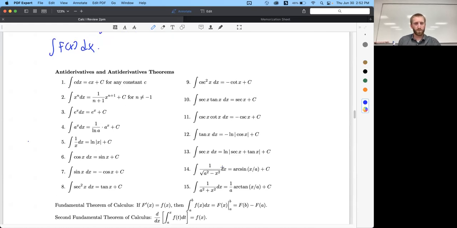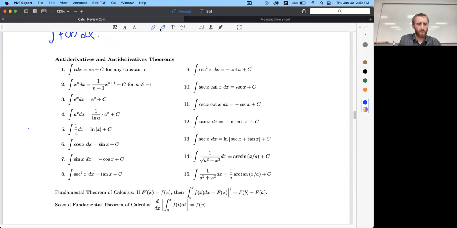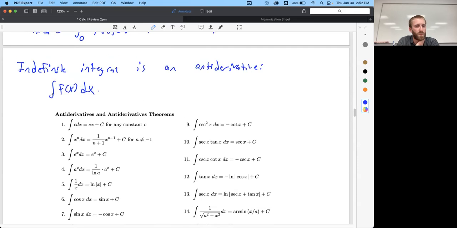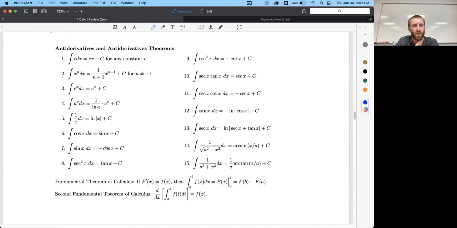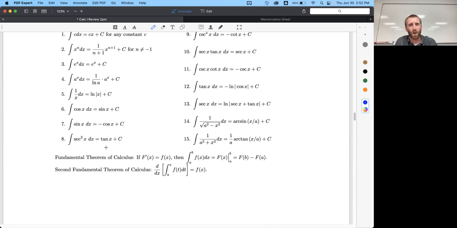Okay. So just a couple things on this. First of all, you'll notice that there's plus c's everywhere. And for any indefinite integral that doesn't have bounds, we need to put a plus c because we don't know if there was a constant.